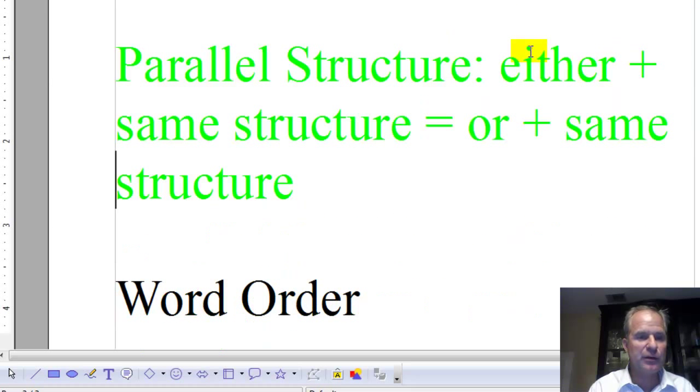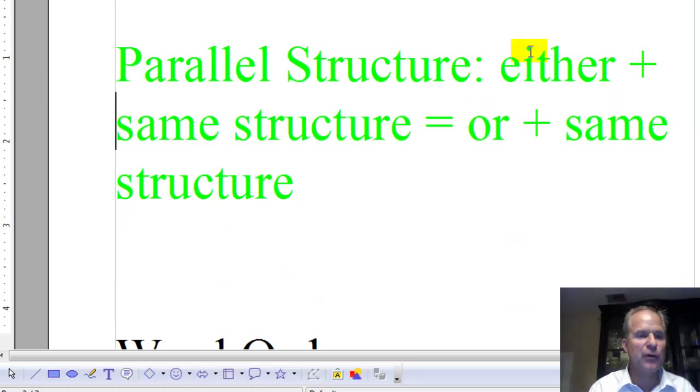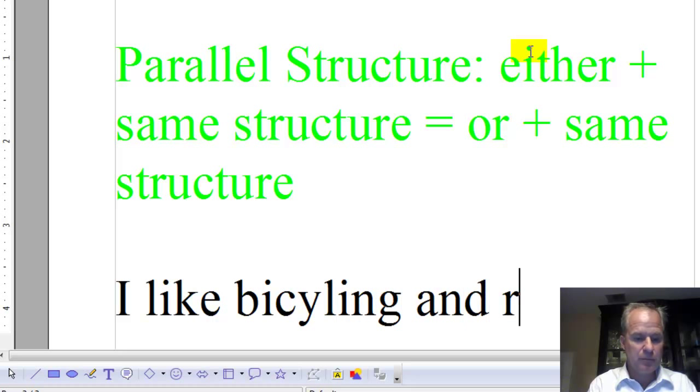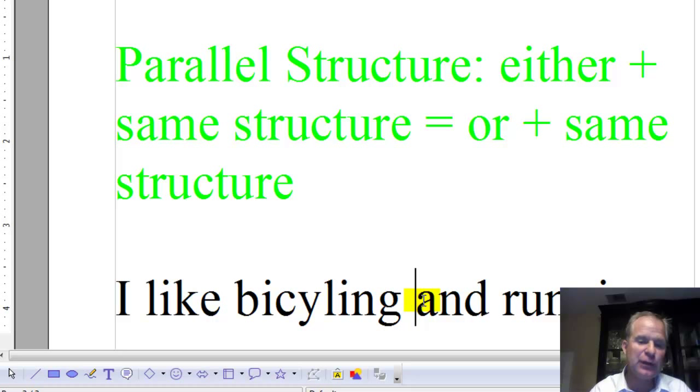Let's see if I can explain a little bit about what this is. So let's say I like bicycling and running. In this case, I'm using and, and what it means is I have to use a gerund on both sides of this conjunction to keep the sentence balanced.